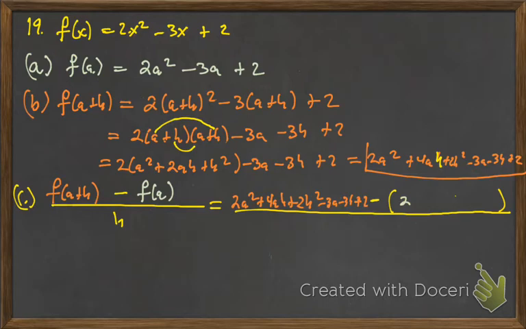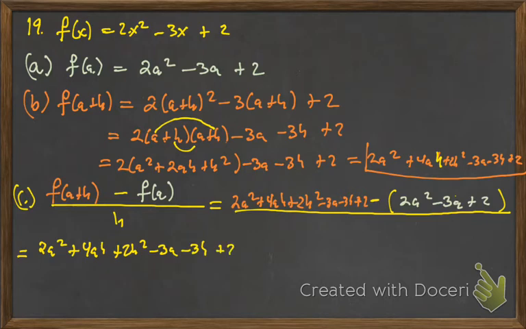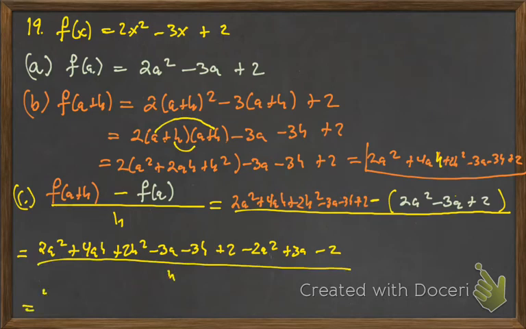And then the f of a was 2a squared minus 3a plus 2. Okay, so it'll be 2a squared plus 4ah plus 2h squared minus 3a minus 3h plus 2 minus 2a squared plus 3a and minus 2 after we distribute the minus sign, all over h.